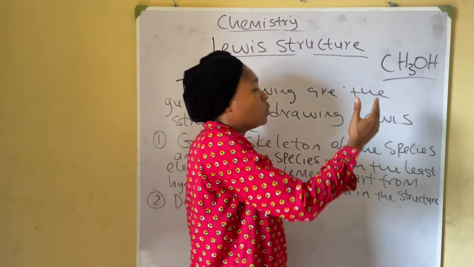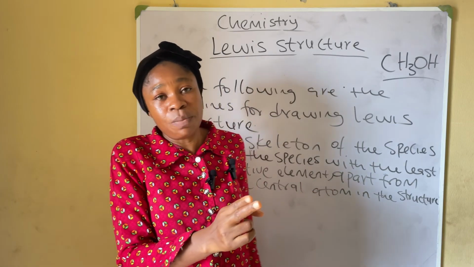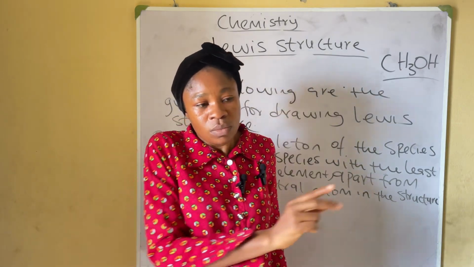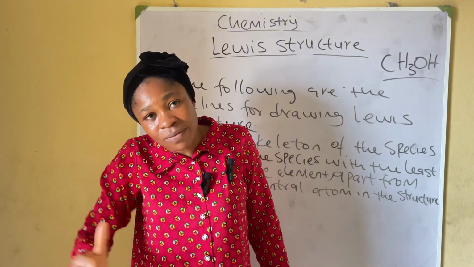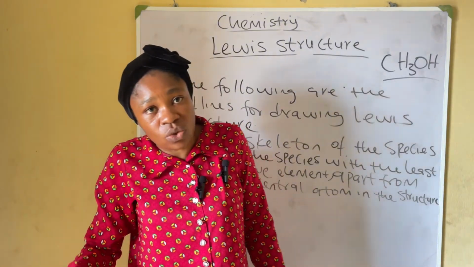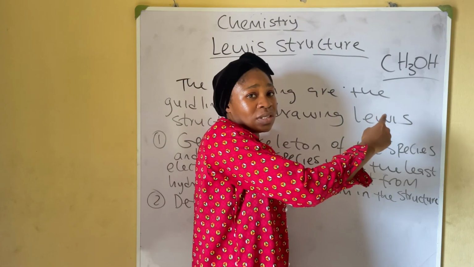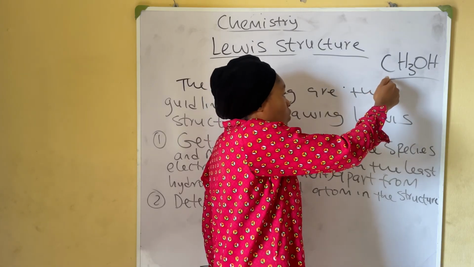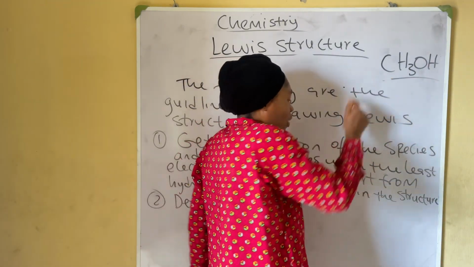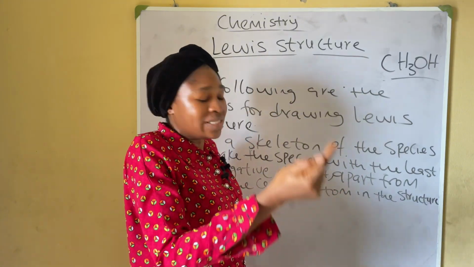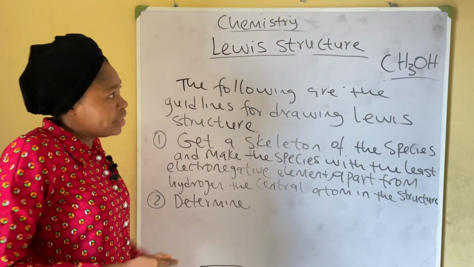Oxygen and carbon are in the same period 2. After carbon, it increases this way, so carbon has a lesser electronegativity value than oxygen. So carbon will be the central atom in the structure.